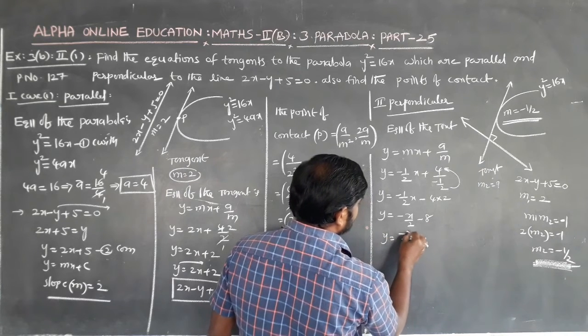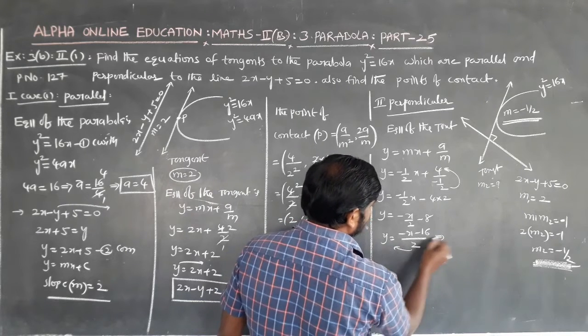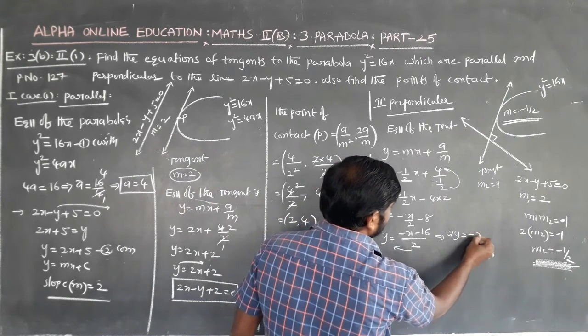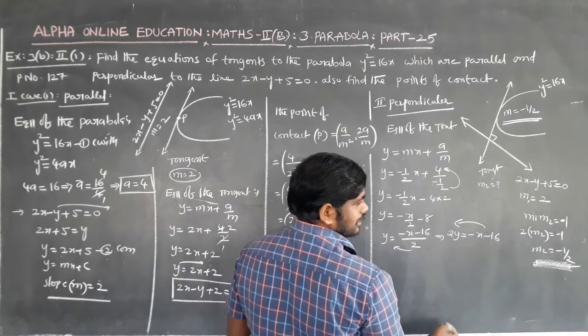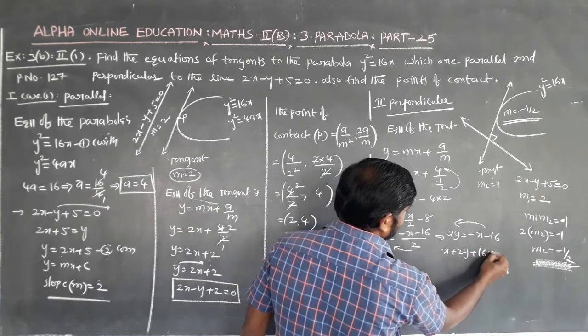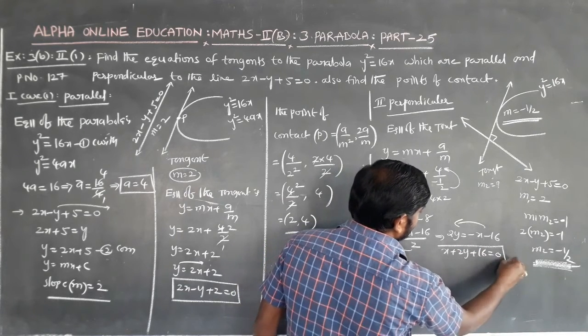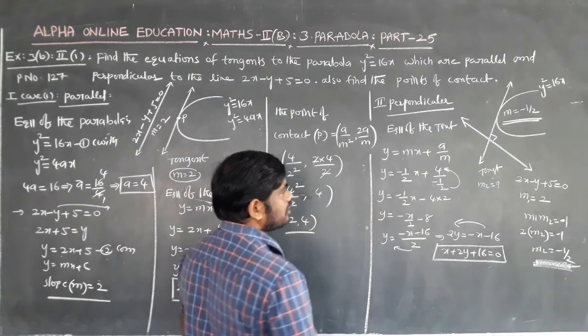Taking LCM 2, 2y is equal to minus x minus 16. Taking minus x minus 16 to the left side, x plus 2y plus 16 is equal to 0. This is the equation of the tangent.